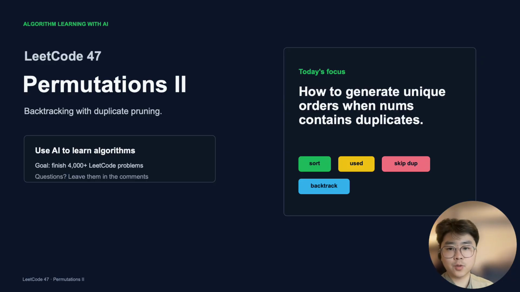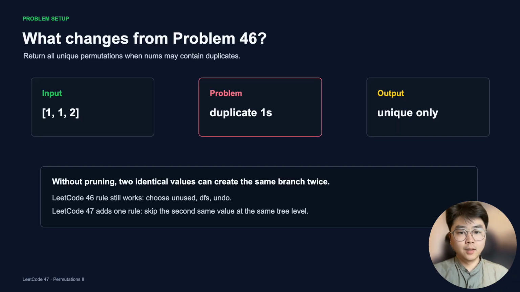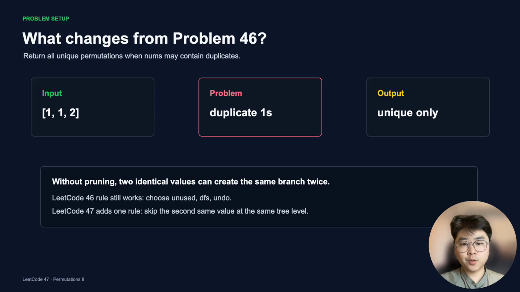So today's central question is not merely how to explore every possibility, but how to recognize when two possibilities are in truth the same. In LeetCode 46, every number is distinct, so each different index naturally creates a different choice.